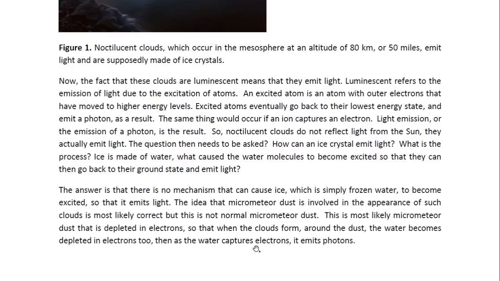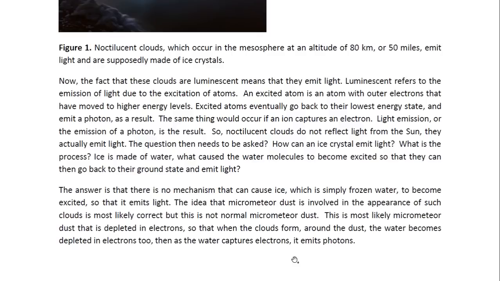The idea that micrometeor dust is involved in the appearance of such clouds is most likely correct, but this is not normal micrometeor dust. This is most likely micrometeor dust that is depleted in electrons, so that when the clouds form around the dust, the water becomes depleted in electrons too.